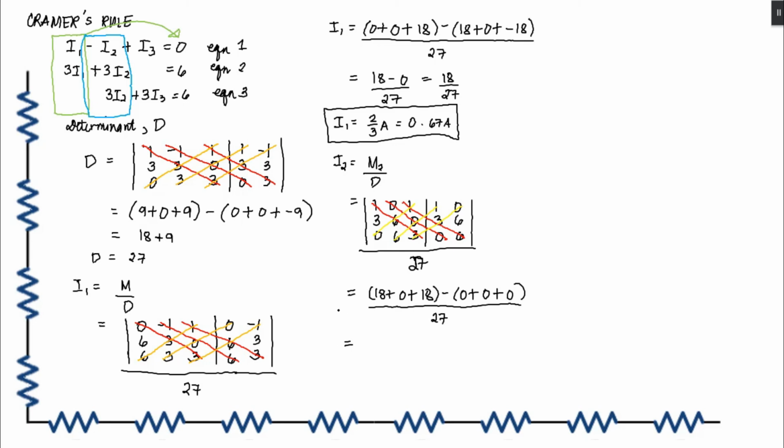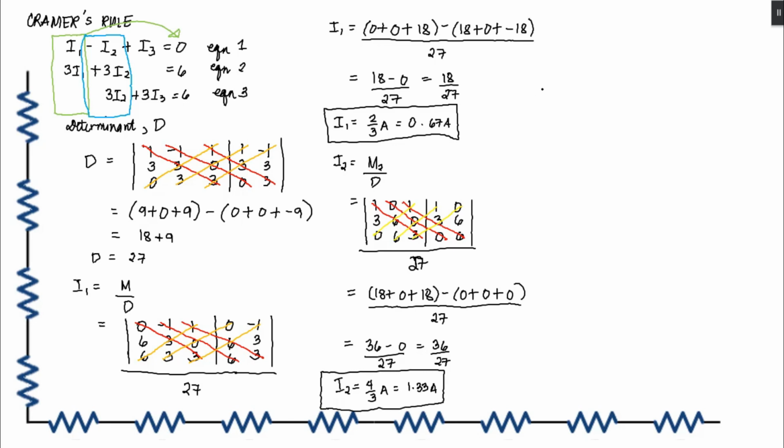So, 18 plus 0 plus 18, that is 36 minus 0 divided by 27. So, 36 divided by 27, that is equal to 4/3 amperes or 1.33 amperes. Meron na po tayong I sub 2.